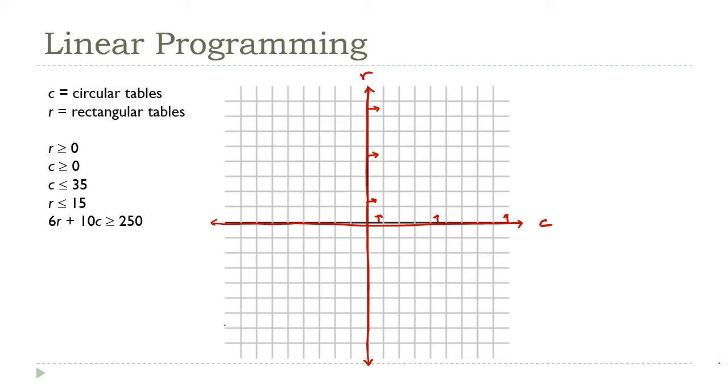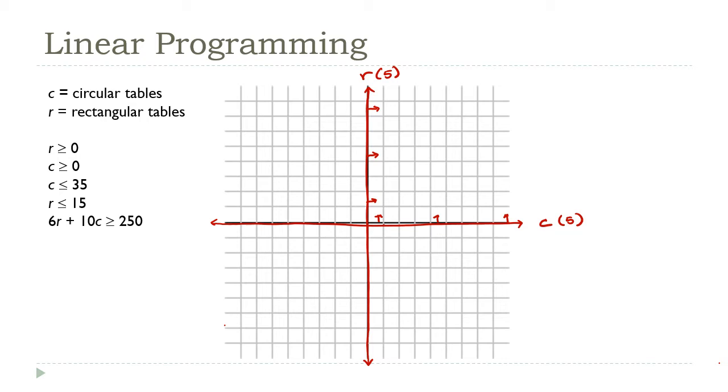Now I also know C is less than or equal to 35. Okay, 35 is a big honking number, and I only have out to about 8 grid lines here. So what I'm going to do is let one grid line be 5 tables, right? And I'm going to put a 5 over here, just as a reminder. We're going to do the same thing on both axes to keep everything in scale. All right. So now, C is less than or equal to 35.